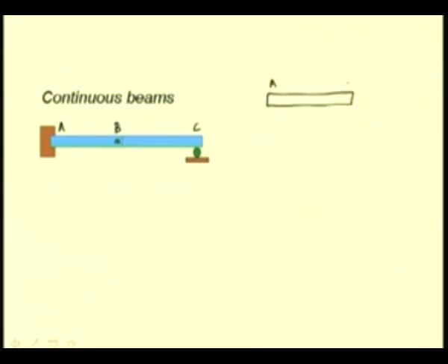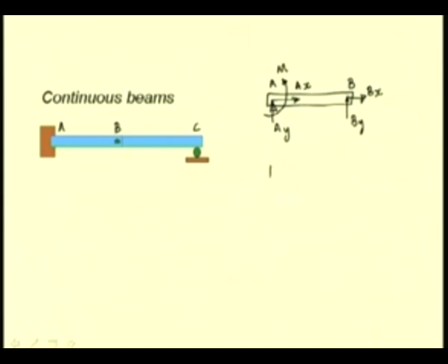So, first let us consider the beam AB, and at A, since it is fixed, we have the 2 components of reaction and the moment reaction. And at B, since it is pin connected, we have two joint forces, say By and Bx. Since the beam BC can rotate freely about this point B, there is no moment force at this joint.